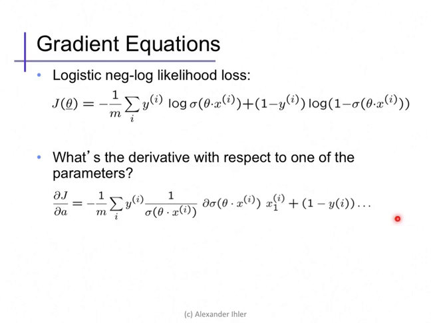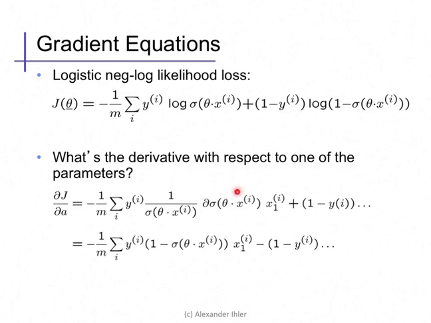There's another corresponding term for this class equals 0 term. Since d sigma here, for the logistic function, is just sigma times 1 minus sigma, we can simplify the expression a bit further.